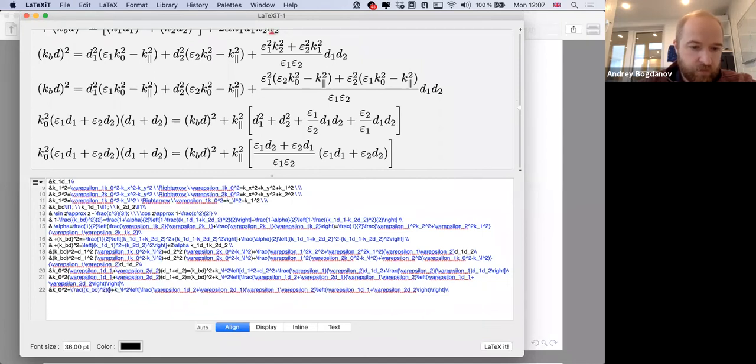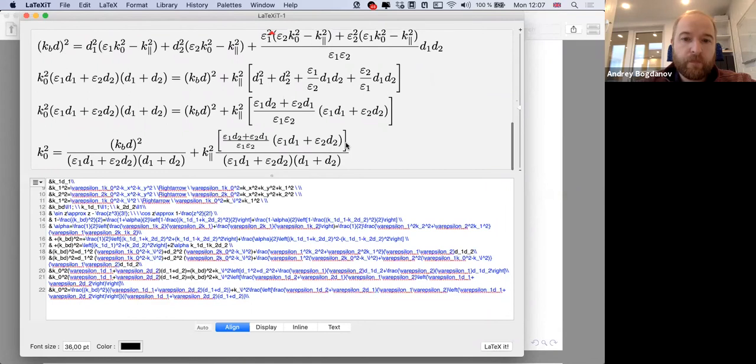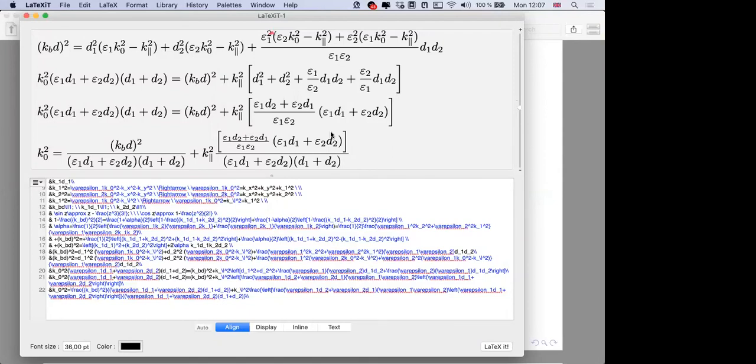Yeah, this fraction. And here, okay. But again, it seems that, okay, this is correct.